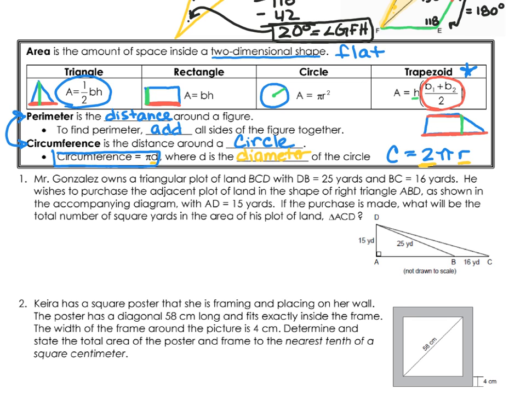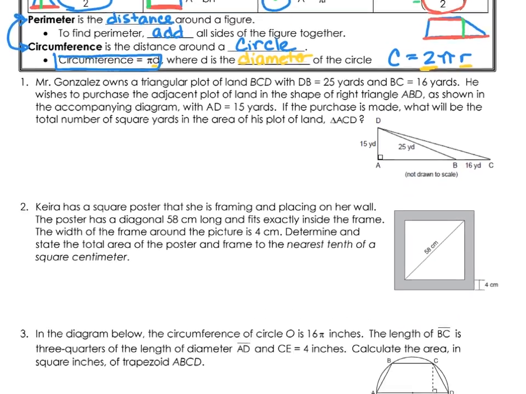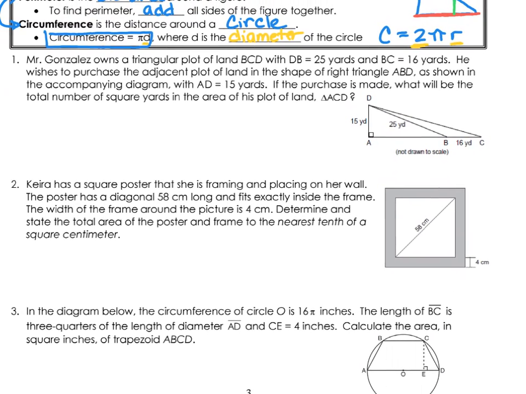So let's try some examples so we can see if we can put this into play. In number 1, it says Mr. Gonzalez owns a triangular plot of land called BCD, with DB equaling 25 yards and BC equaling 16 yards.